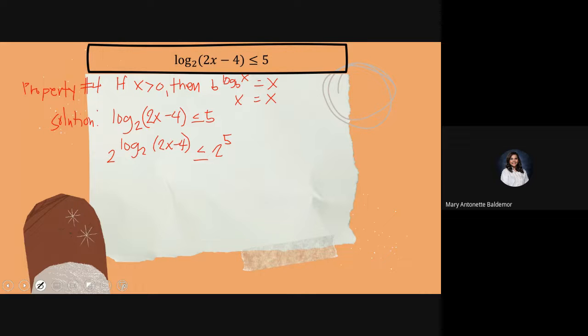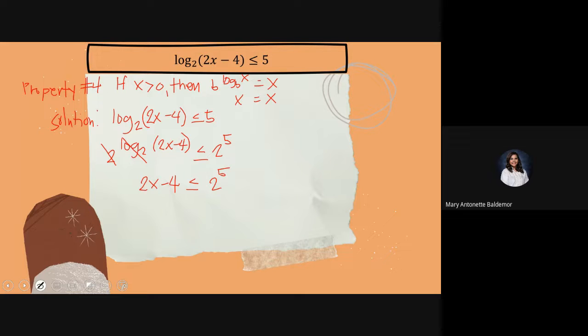Whatever we did on the left side, we will also do on the right portion. Now, by property number 4, we can cancel this out. So we can now get the inequality 2x minus 4 less than or equal to 2 raised to 5.